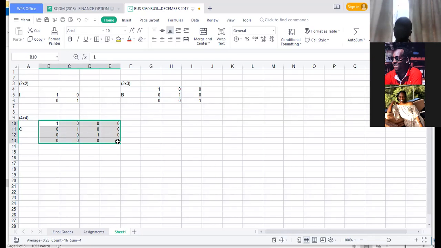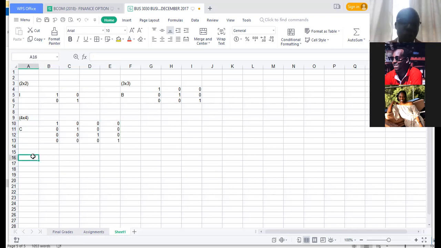Next is column matrix. Let's just call it E. E is a column matrix of order M by N, such that N is equal to 1.